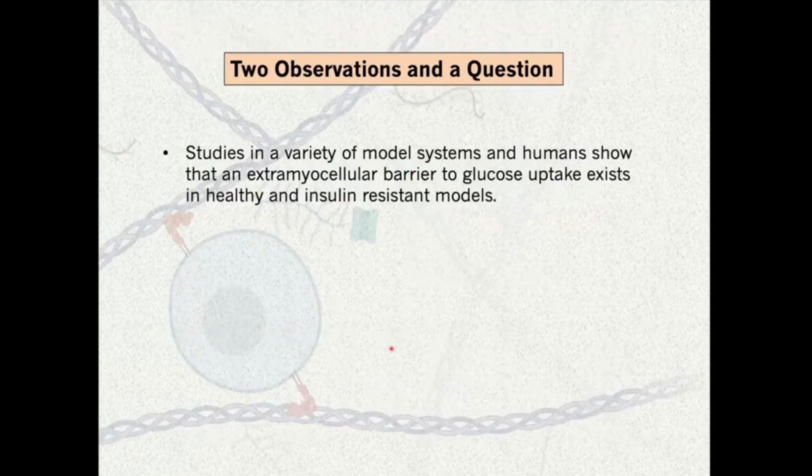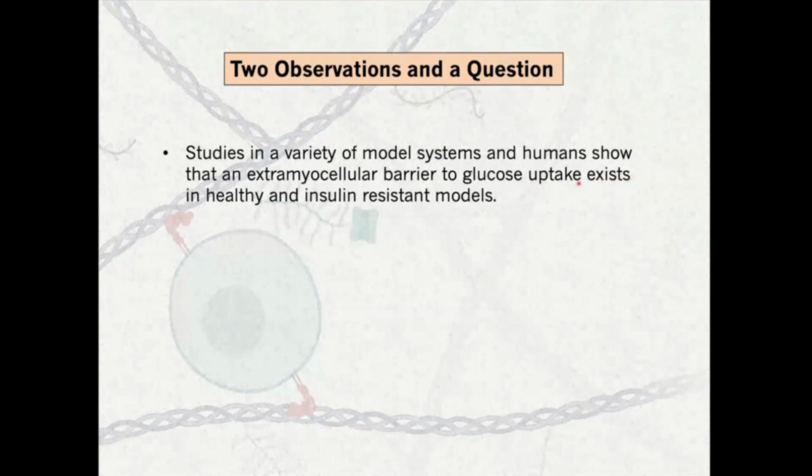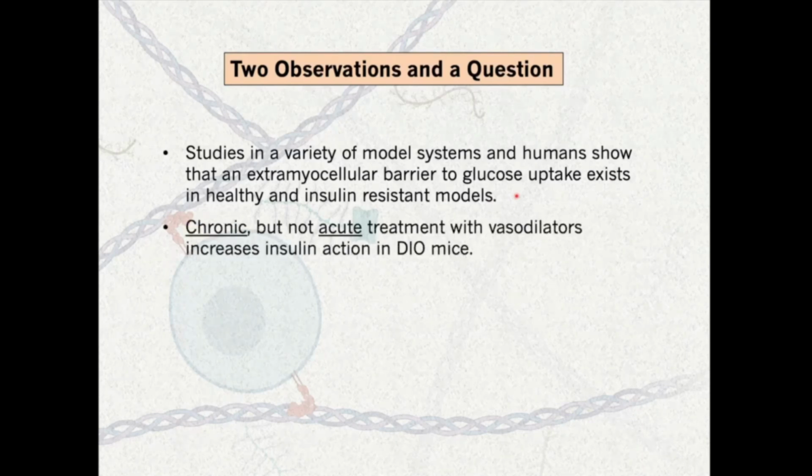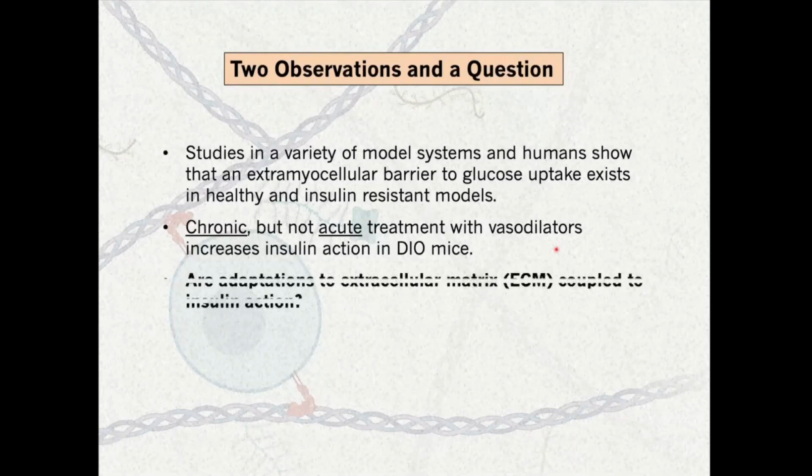So this led us to 2 observations and a question. Studies of a variety of model systems and humans show that an extramyocellular barrier to glucose uptake exists in healthy and insulin-resistant models. But chronic, not acute, treatment with vasodilators increases insulin action in DIO mice. So why is it that the acute is ineffective but the chronic works?